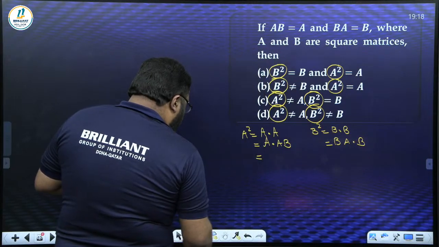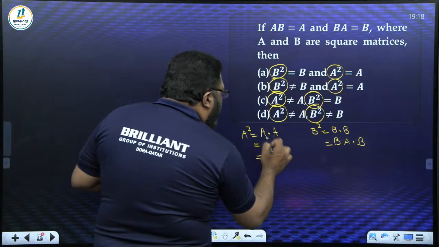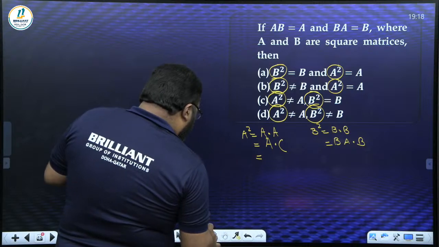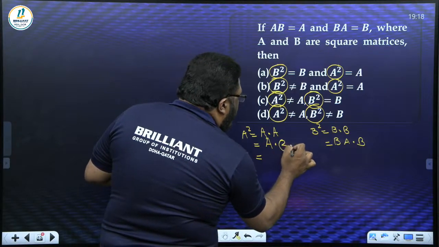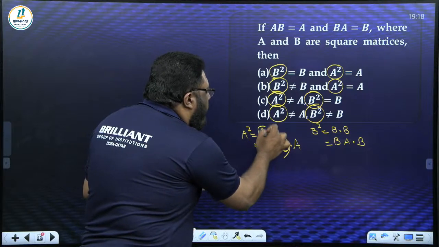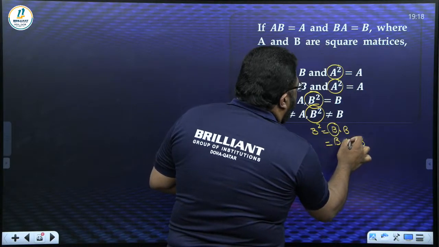Yes, here also I have to make that change. The first A can be written as AB into A. Okay, this is what you need to do. The first A became AB. Here the first B became BA.